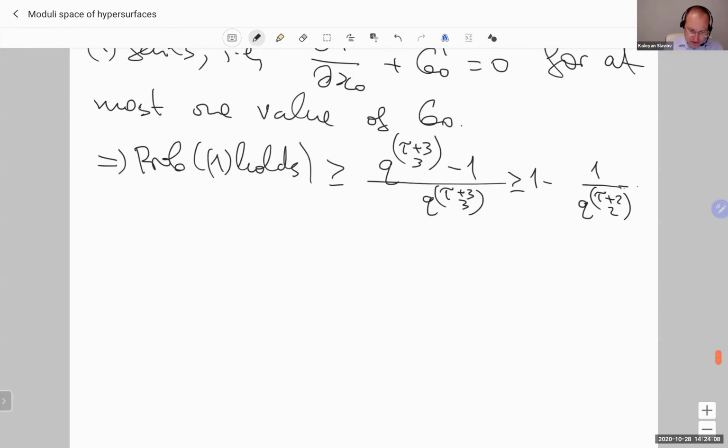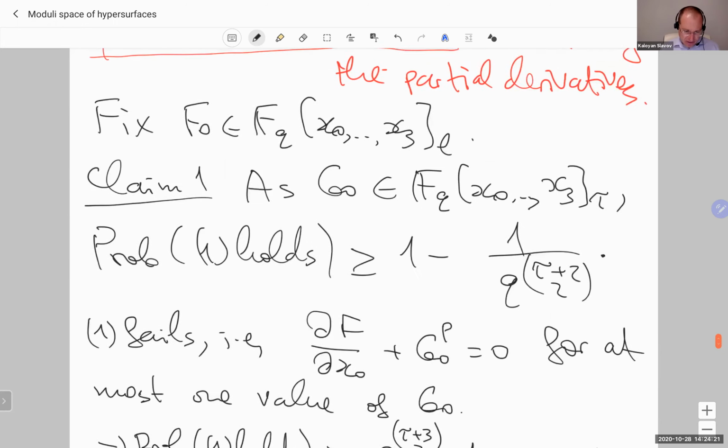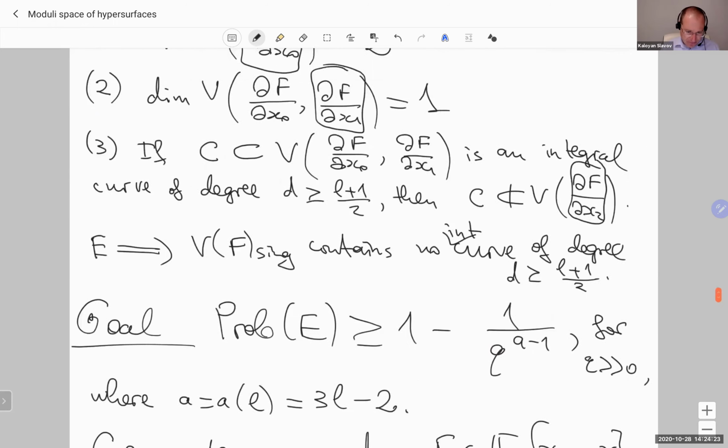Okay, now fix a g0 such that 1 holds. Fix a g0 so that 1 holds. Now we want to handle items 2 and 3.